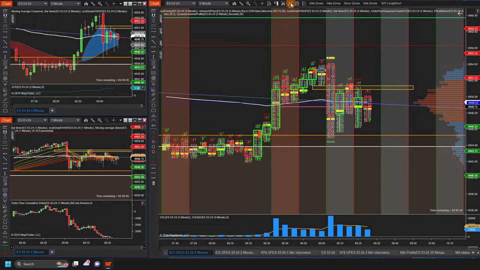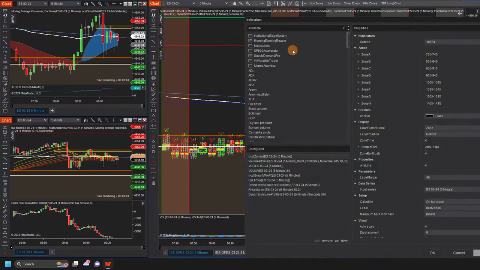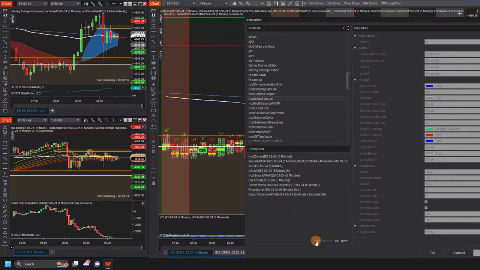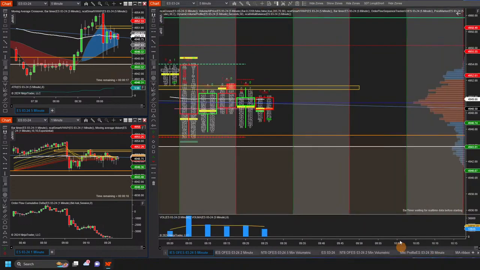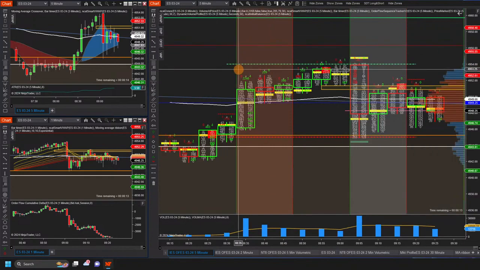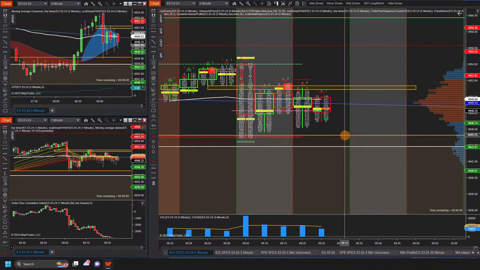I'm going to draw on the initial balance tool. I gotta change it to Central Time. There we are. Initial balance, high, low. Right in there.